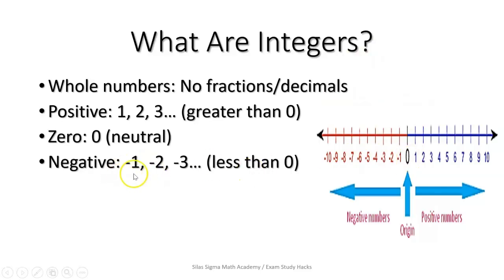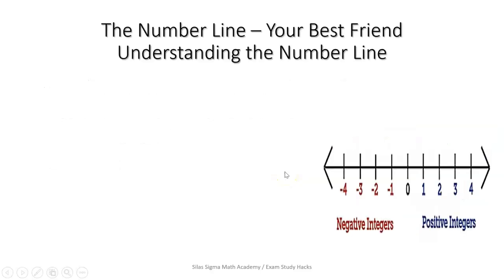Then we have the negatives, which are numbers like negative 1, negative 2, negative 3. They are less than zero. Assuming we have negative 100, some persons may say minus 100. If I have negative 1000, it's still less than 0, meaning 0 is bigger than all negative numbers.